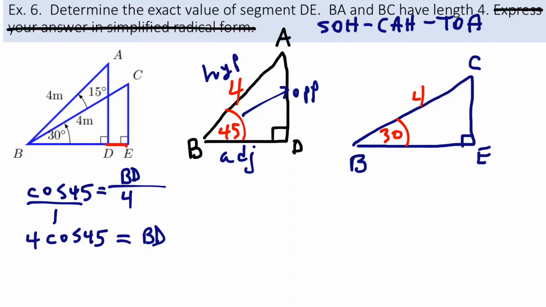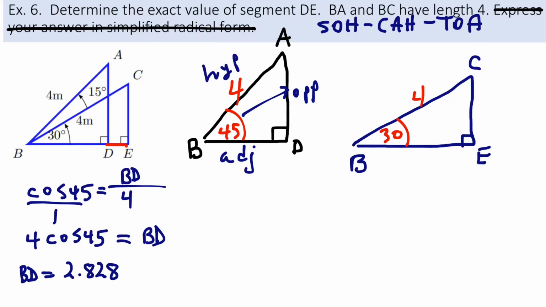I don't have to divide this time. I can just punch it right in. 4 cosine of 45 is BD. So I got BD by punching it in is equal to 2.828. Right, so now let's go ahead and find BE.